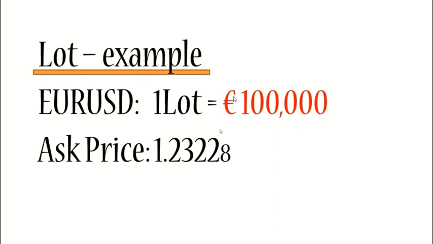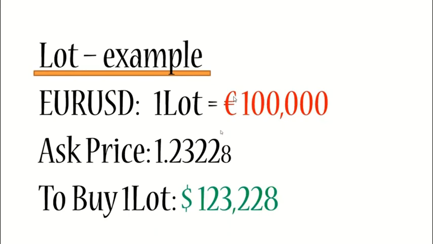So the ask price here is 1.23228, and you want to buy this currency at one lot, or 100,000 units of base currency. This means you have to multiply this by 100,000 so that you get your one lot.